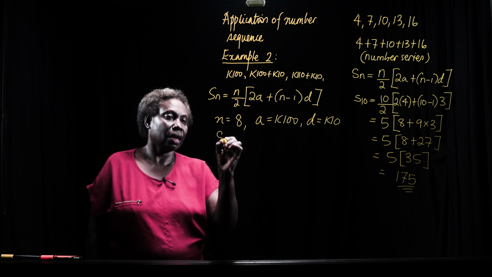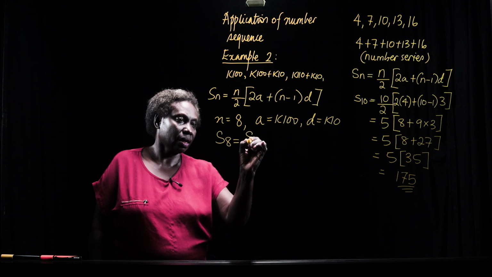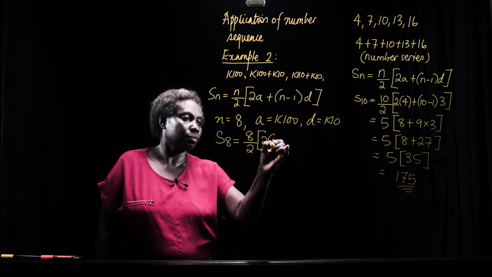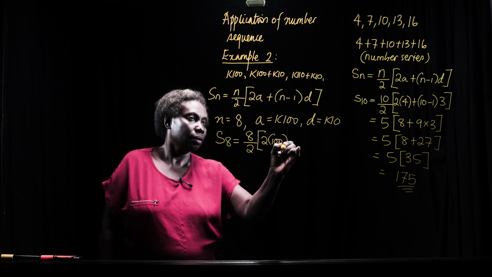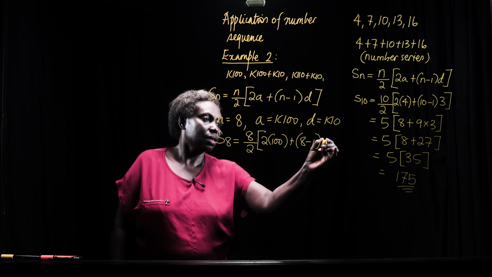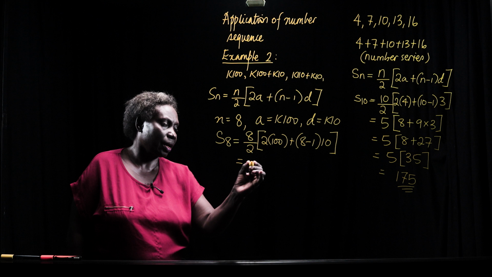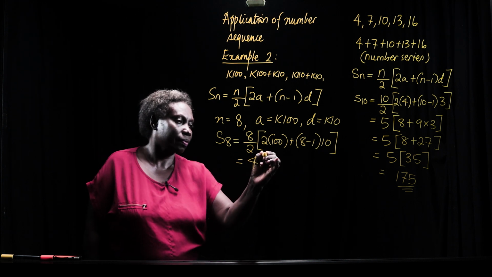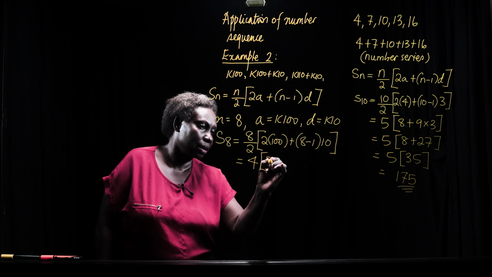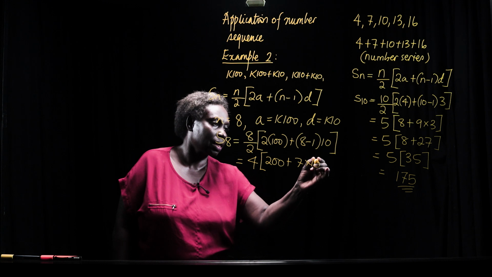So we have S8 is equal to 8 over 2 times 2 times 100 plus 8 minus 1 times 10. Okay? 8 divided by 2 is 4. Then 2 times 100 is 200 plus 7 times 10.